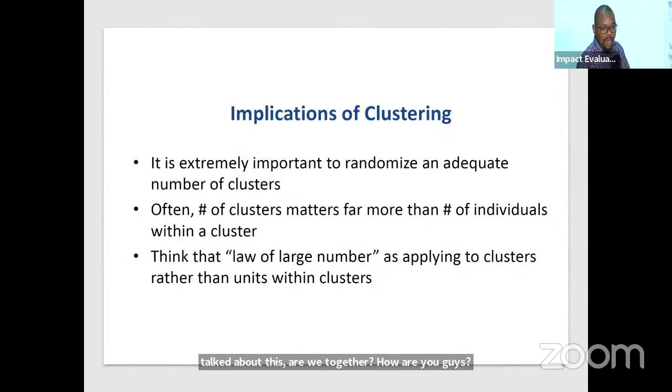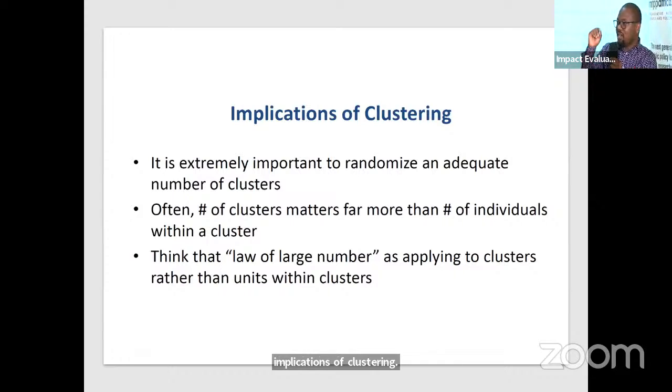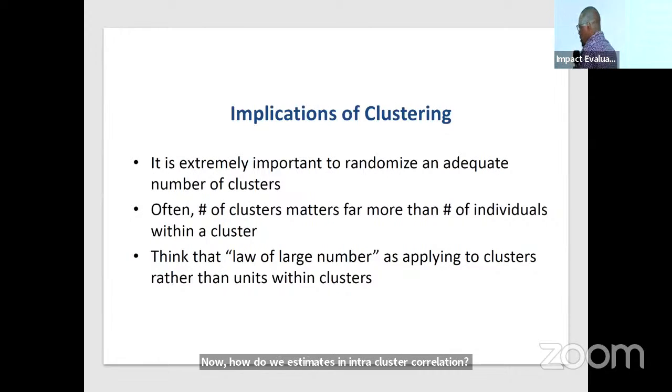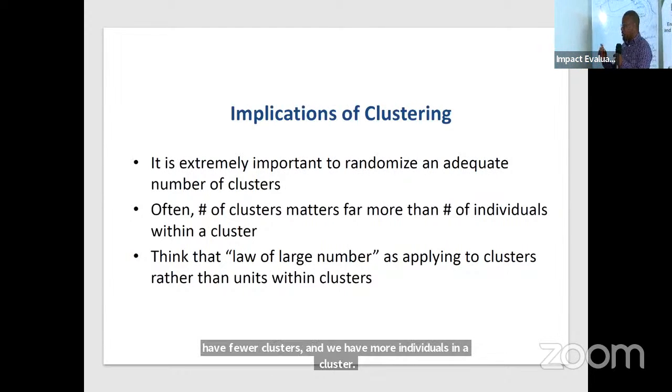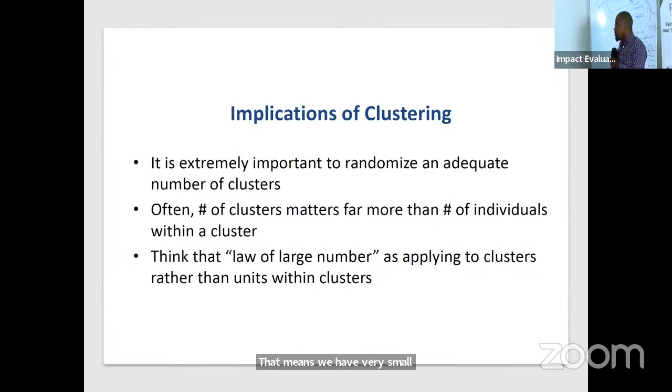Now, how do we estimate intra-cluster correlation? What am I going to talk about here now? We know if we have fewer clusters and we have more individuals within a cluster, that means we have very small inter-cluster correlation because they are similar.